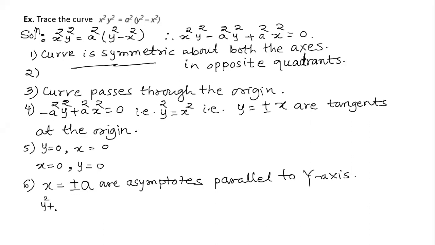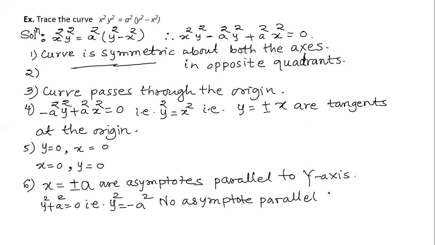Y square plus a square equal to 0, that is, y square is equal to minus a square. Y square is negative, this is not possible. So there is no asymptote parallel to the x-axis. Actually, there is no necessity to write this, but I have written it.